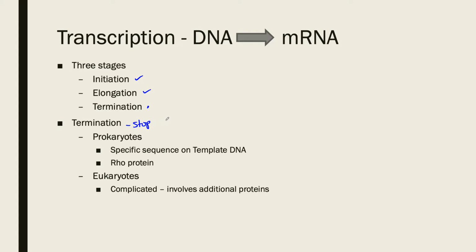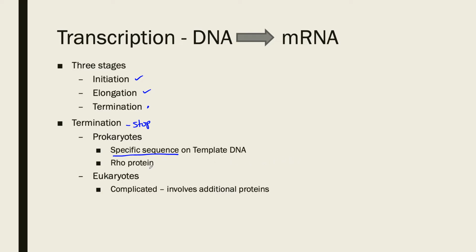That's all we need. Now, in prokaryotic cells, there can be a very specific sequence on the template that when the enzyme reads that, it signals stop, you're done. And that would be what we would call a stop sequence, right? A termination sequence.